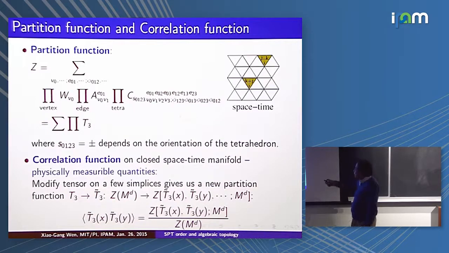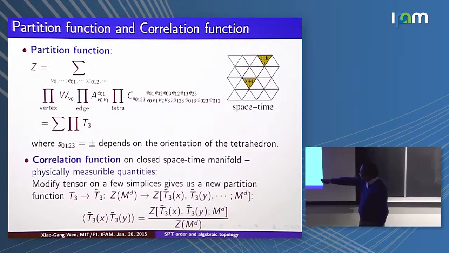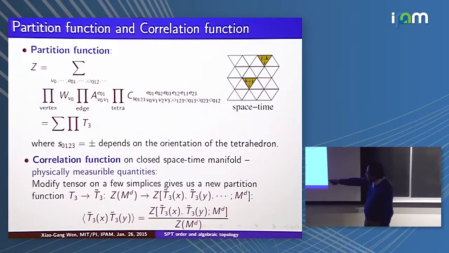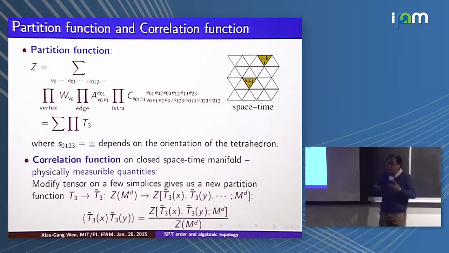Basically, you multiply all these tensors on the vertex, edge, and tetrahedron together, and whenever you have a shared edge or a shared vertex, we sum over the index on those. So this gives us a complex number, which is the partition function.